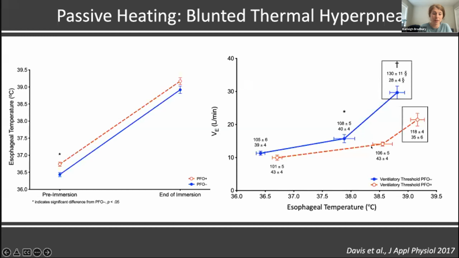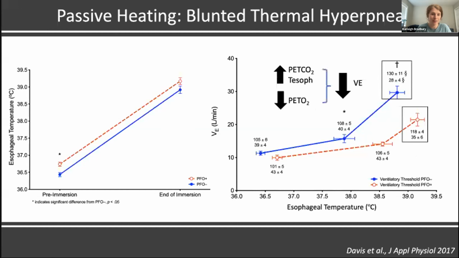After the ventilatory threshold, even though they're increasing their ventilation, they don't increase it as much as our PFO negative group. We know that if we look at the end-tidal CO2s. The end-tidal CO2 in the PFO positive group is 35 millimeters of mercury, but in the PFO negative group, the end-tidal CO2 is all the way down to 28 millimeters of mercury. So PFO negative subjects are breathing much more than our PFO positive subjects.